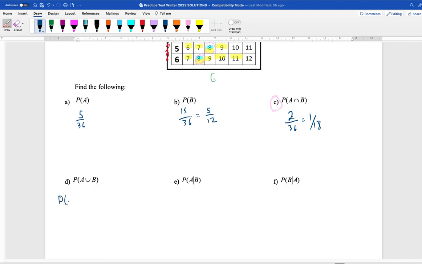Probability of A or B equals the probability of A plus the probability of B minus the probability of A and B. So that's going to equal 5 over 36 plus 5 over 12 minus 1 over 18. And that leaves us with a half.